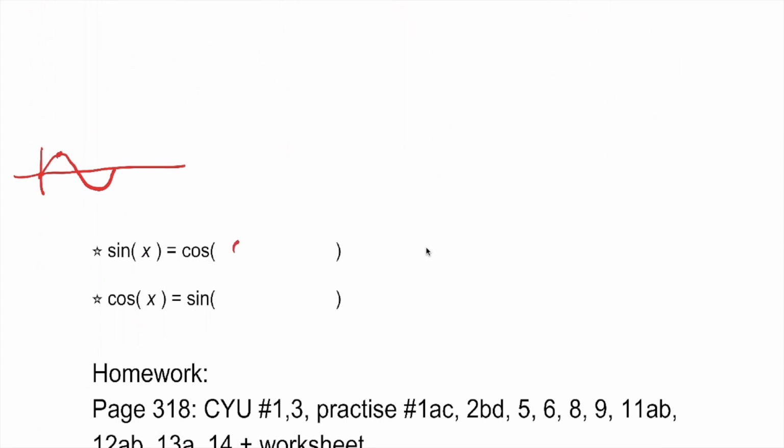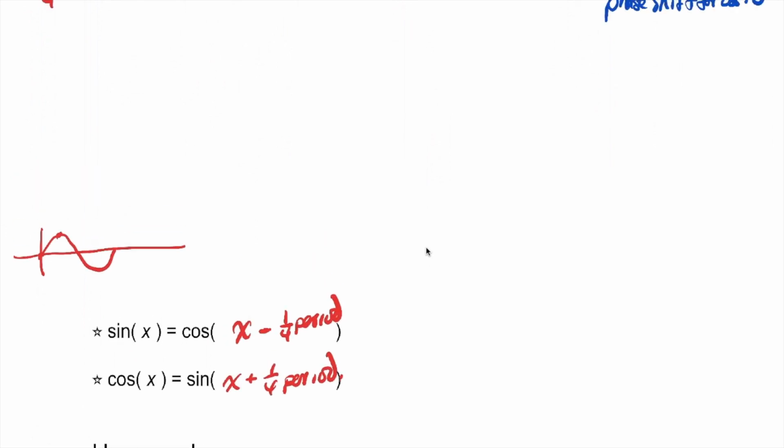So this is going to be x, because it's shifted to the right, we just leave it as x minus 1/4 of my period. Another way that we can look at cos is it's going to be really the same thing as sine, but because it's shifted to the left, this is going to be plus 1/4 of the period. Okay, and which is what I showed above.